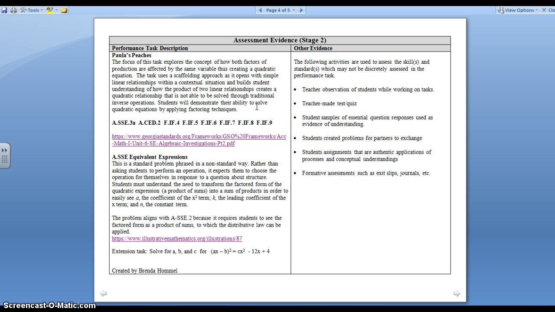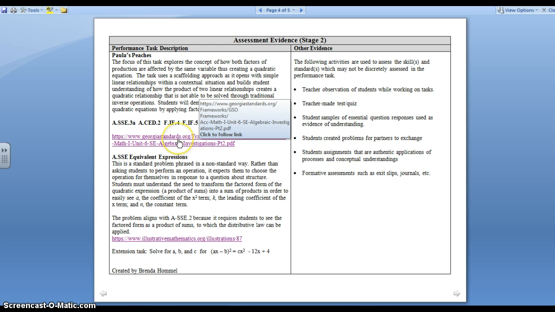Students should understand that a quadratic relationship cannot be solved by traditional inverse operations, and they must demonstrate through this task their understanding of how to use factoring techniques to solve quadratics. As you see here, based on the standards listed, this task really does go above the standards for this unit, as it is, as I said, a scaffolding task. It is using standards from previous tasks.